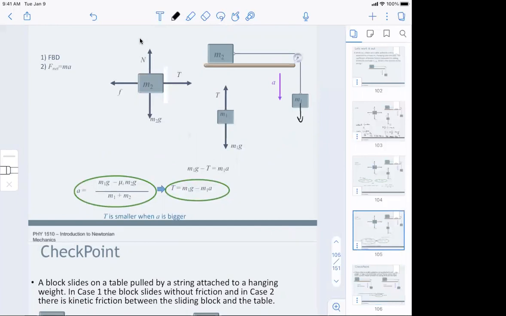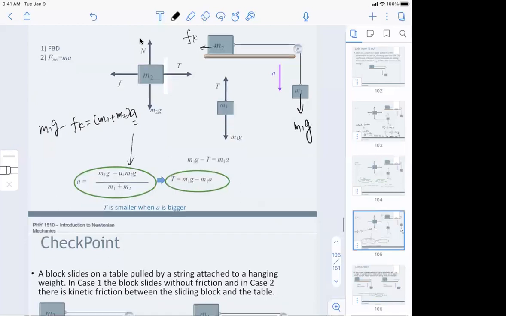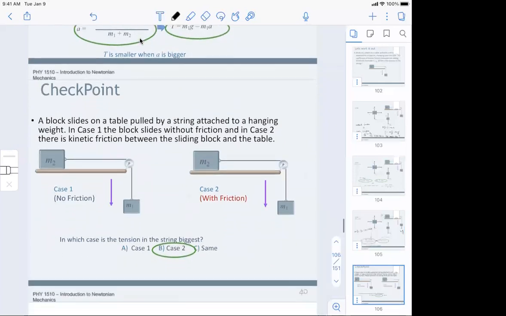Instead of just the weight of mass 1 accelerating the entire system, the friction now is preventing it. So it's like mass 1's weight minus the friction is accelerating both masses together. So this acceleration is going to be different. It's actually going to be a smaller number, okay? But to answer this question, you can think about it qualitatively, that case 2 has a bigger tension.